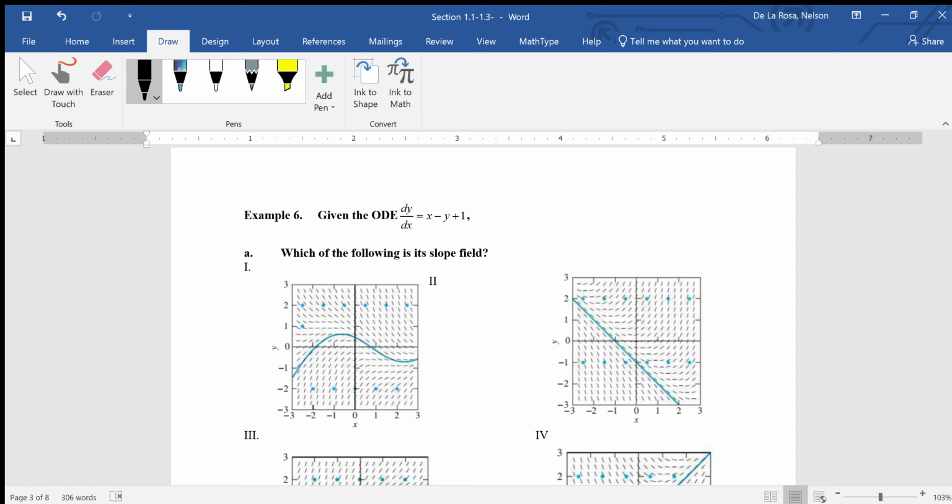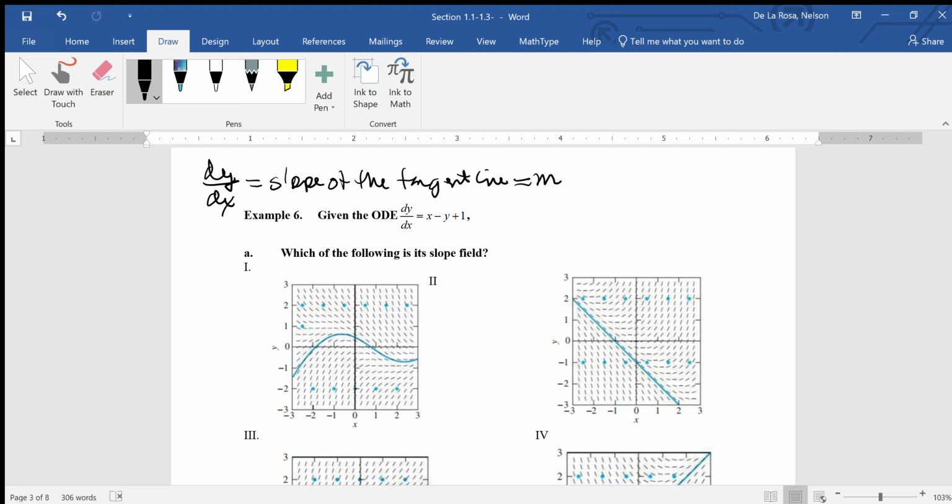Remember, dy/dx is the slope of the tangent line, which is m, right?